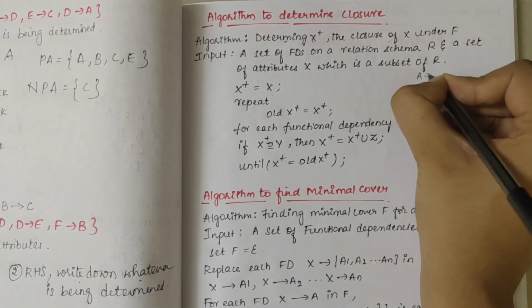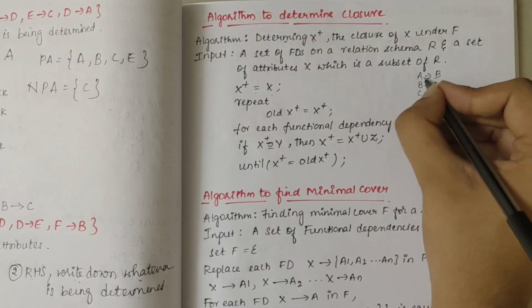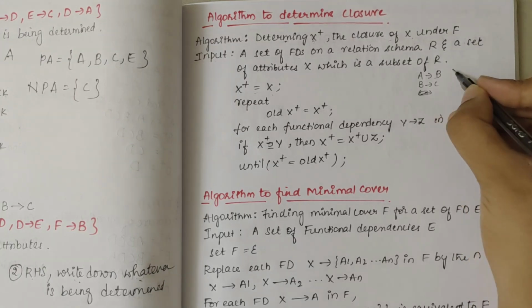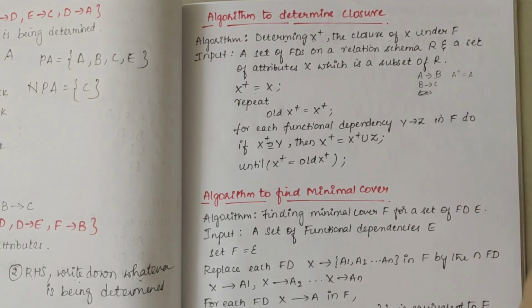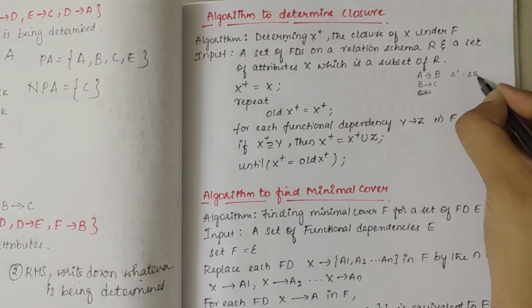So here let's take an example. A determines B, B determines C. If I write A closure, I'll write A first, and then B is being determined by A, so I'll write B also.